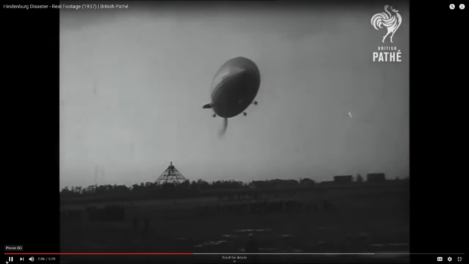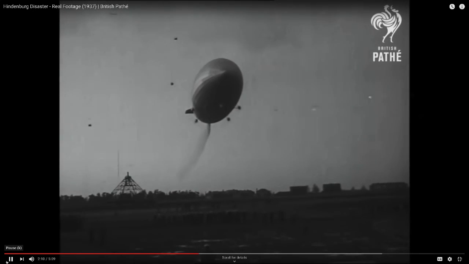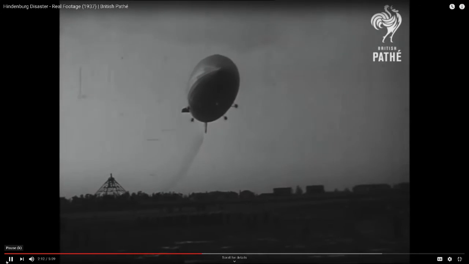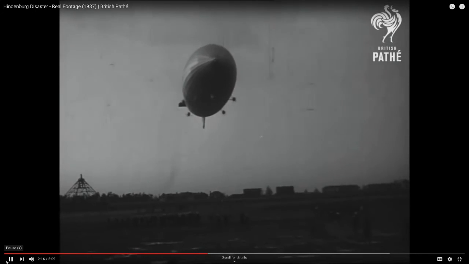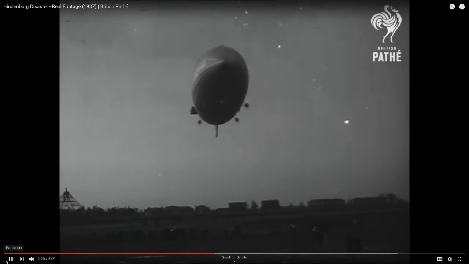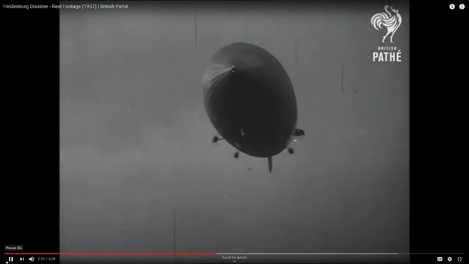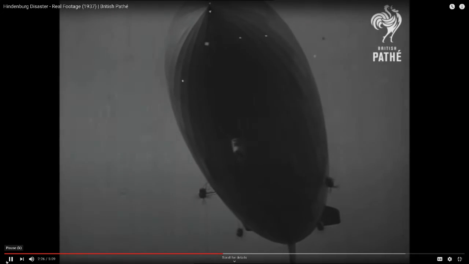There goes more ballast, but the tail is settling in spite of all that has been dumped. A grim note of impending tragedy. Finally, the landing lines are dropped.